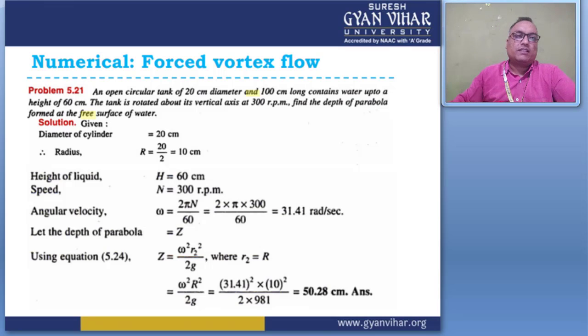Means I have a container which I filled with 60 centimeter of liquid, and the tank is rotated about its axis at 300 rpm. Find the depth of the parabola formed at the free surface of the water. So here, how much is the depth of the parabola created at the free surface of the liquid.